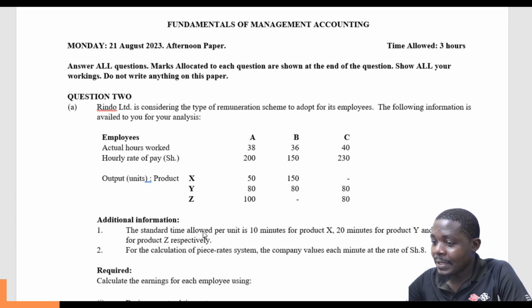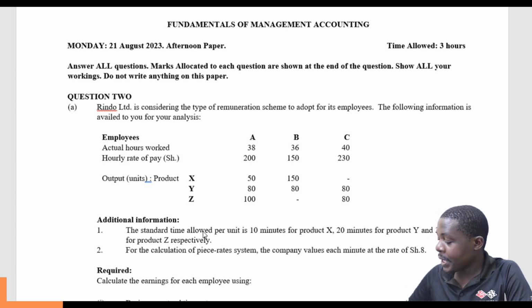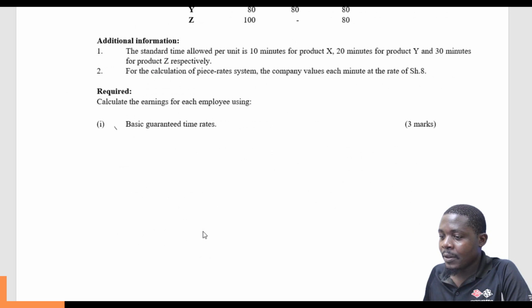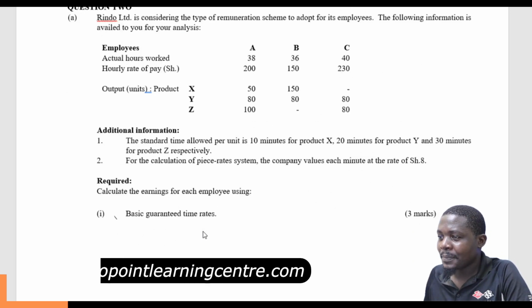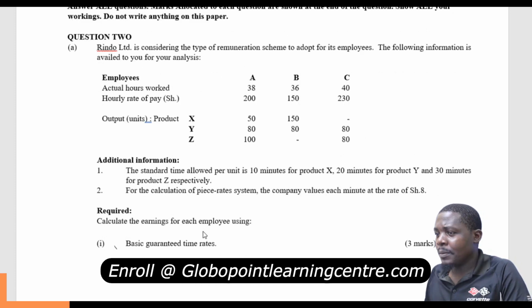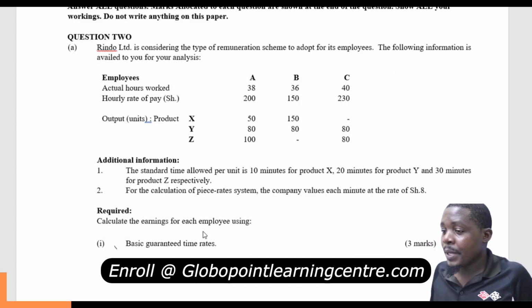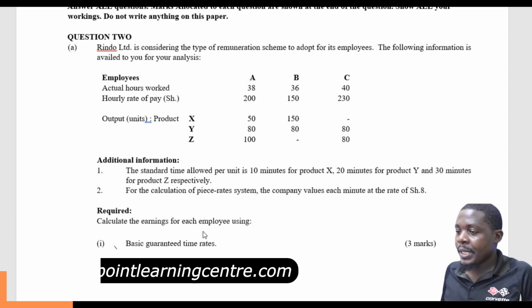Calculate the earnings for each employee using the basic guaranteed time rate, then Roman 2, the piece work rate. Now, this is meant to calculate, for example, for piece rate.